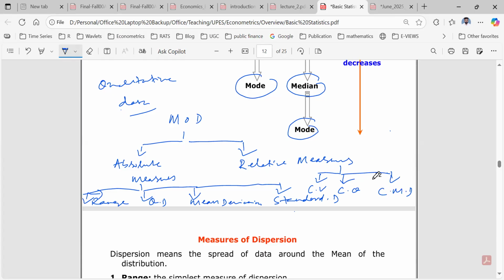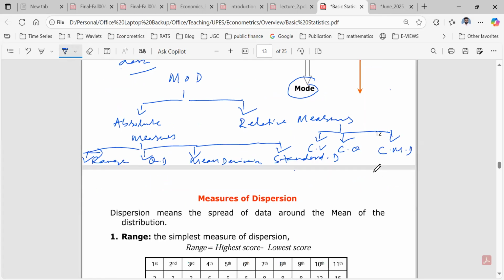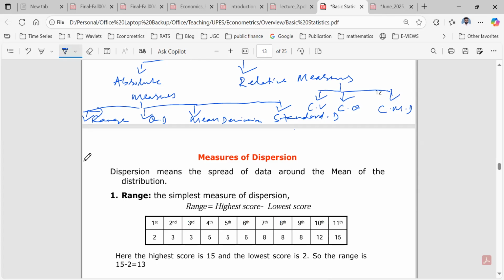And first of all, why do we have to study dispersion? Because dispersion gives you an idea of the spread of the data around the mean of the distribution. Dispersion means variability, or variation.